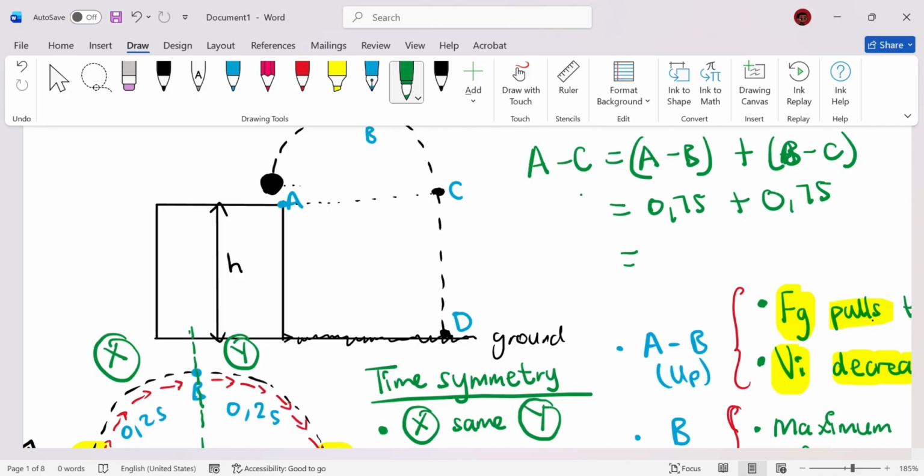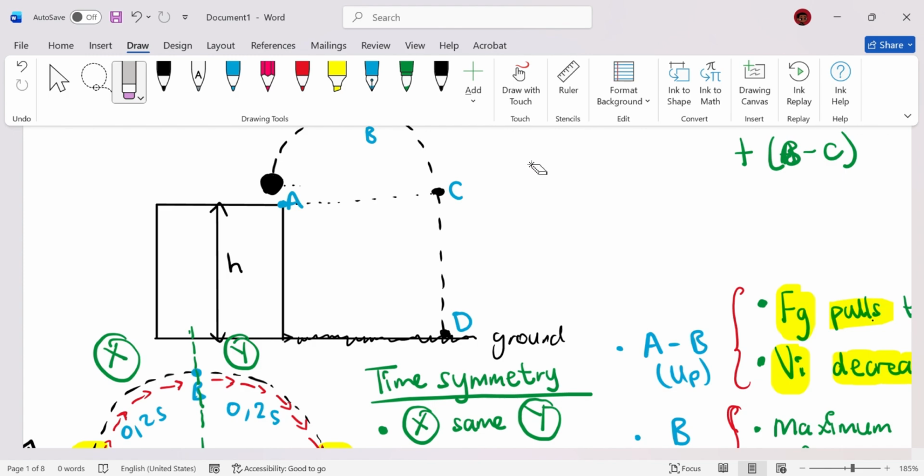However, from A to C, this will be 1.5 seconds. So that is what I needed you to understand right now. That is a very important point to understand, ladies and gentlemen. Very, very important. Please make sure that you understand that part.